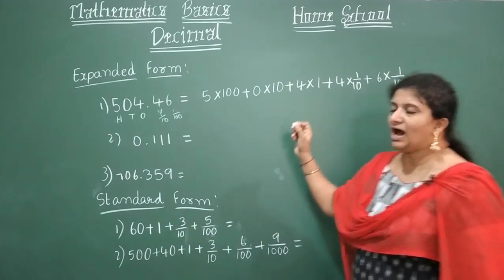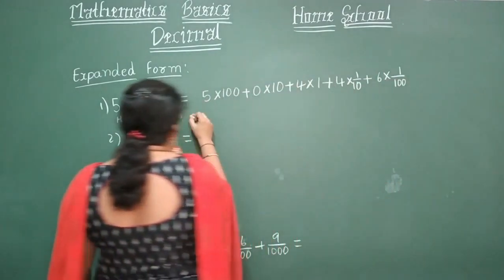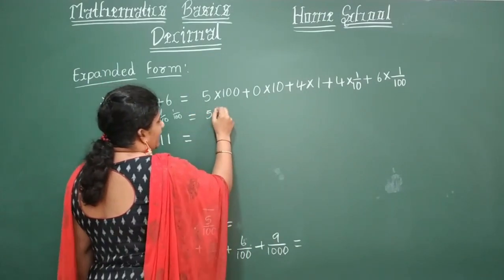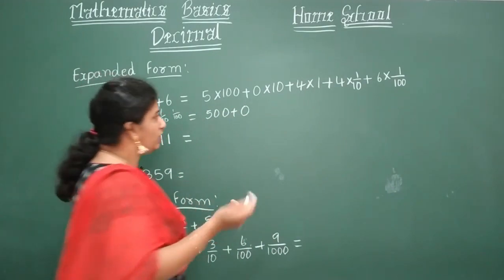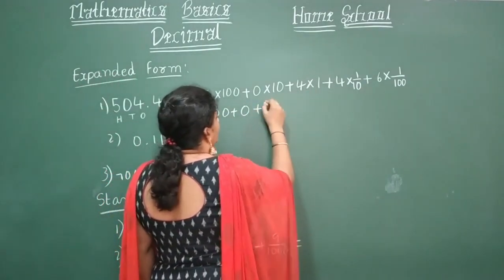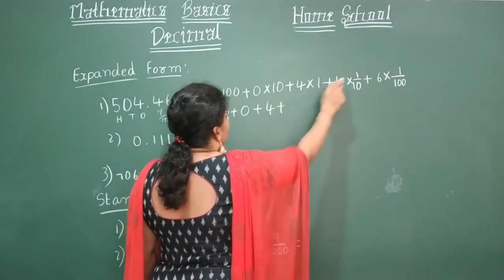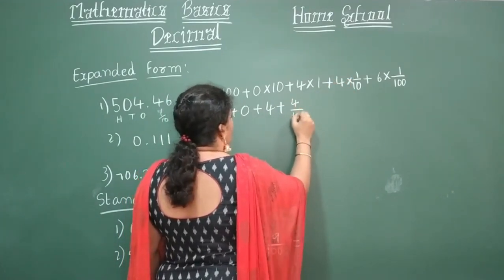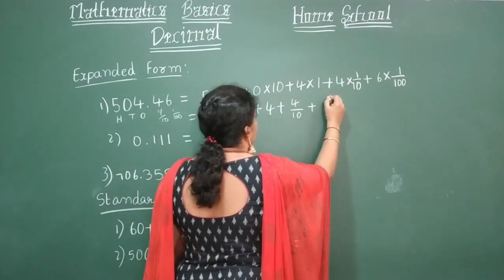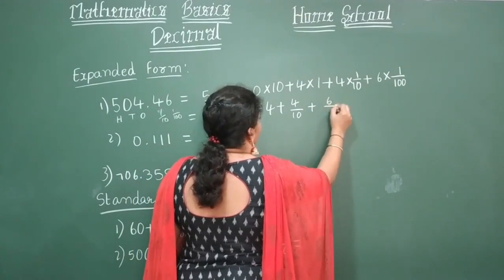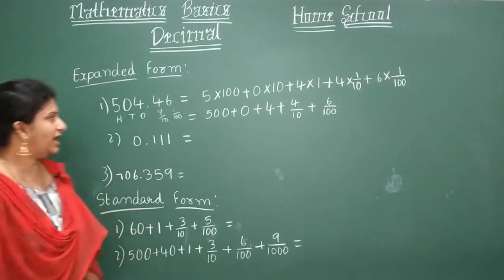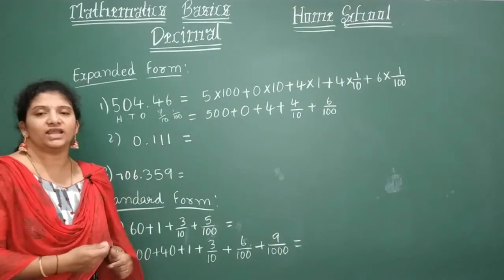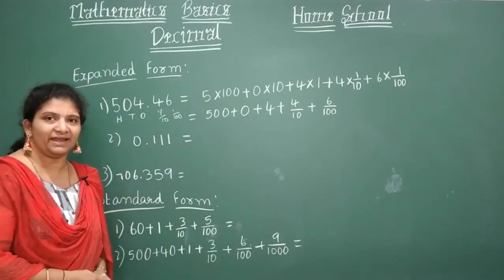So, finally, how do you write this, children, here? 500 plus 0 into 10 will be 0 plus 4 into 1 by 10, 4 by 10, plus 6 into 1 by 100, that will be 6 by 100. This is the way we write a decimal in an expanded form.